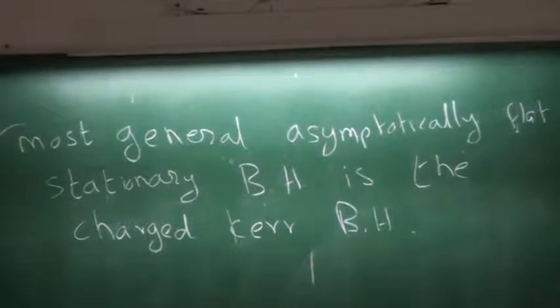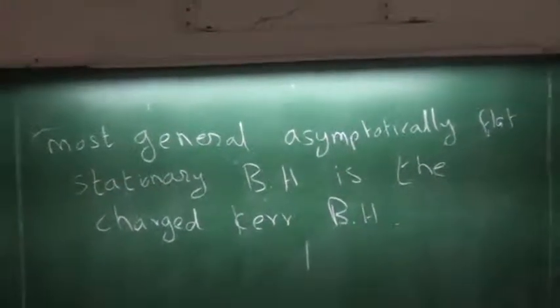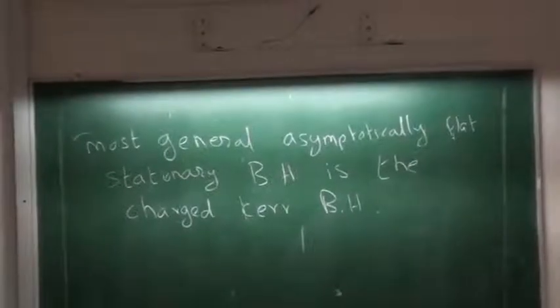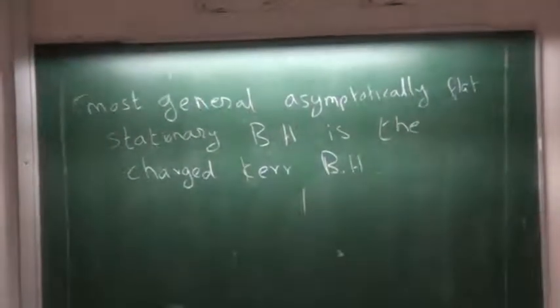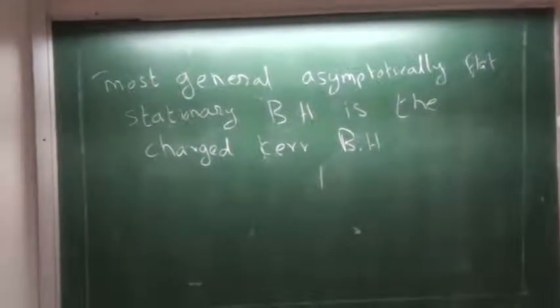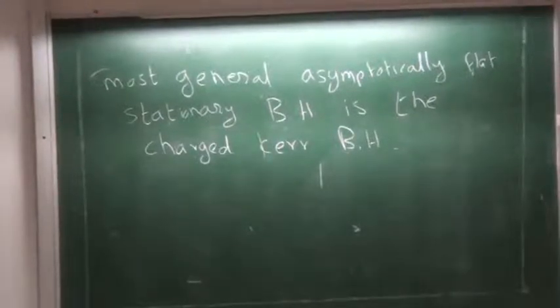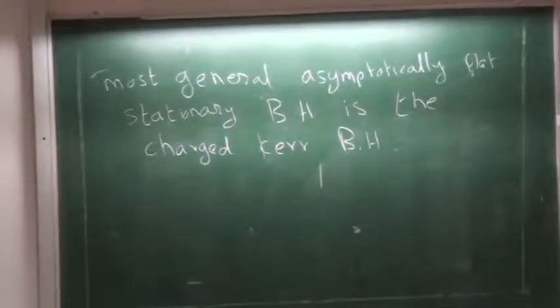In fact, as I said, if you look at the APS Centennial papers that I've been mentioning repeatedly in this class, there's a paper by Israel which proves a weaker result, which proves that if you look for static solutions, then the unique static solution that you get is a Schwarzschild solution. And in fact, if you look for static solutions with charge, the unique solution you get is a Reissner-Nordström solution.